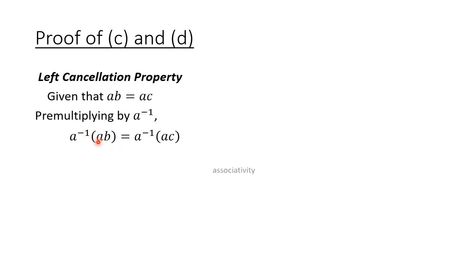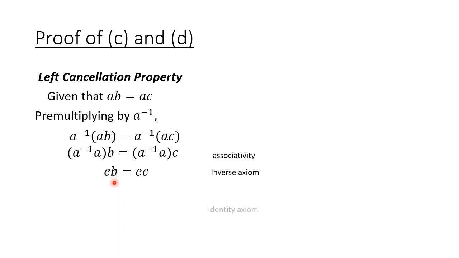Now again you can use the associativity property and associate the first two elements here. So (A inverse into A) into B is equal to (A inverse into A) into C. Now using the inverse property, a particular element into its inverse will be equal to E. So using the inverse axiom, we have A inverse A is equal to E. Replacing that, E into any element is nothing but that element, using the identity property.